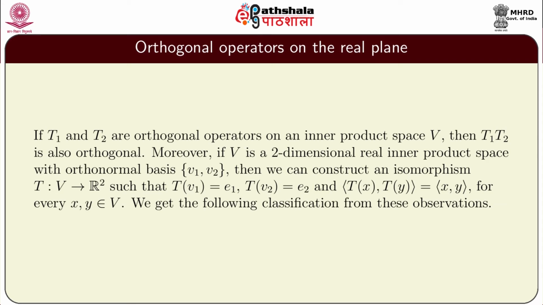Moreover, if V is a two-dimensional real inner product space with orthonormal basis v1, v2, then we can construct an isomorphism T from V to R2 such that T(v1) is equal to e1 and T(v2) is equal to e2. Moreover, inner product of Tx comma Ty is equal to inner product of x comma y for every x, y in V. We get the following classification from these observations.